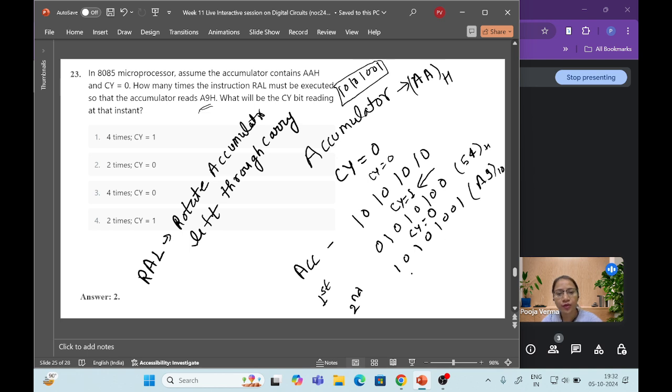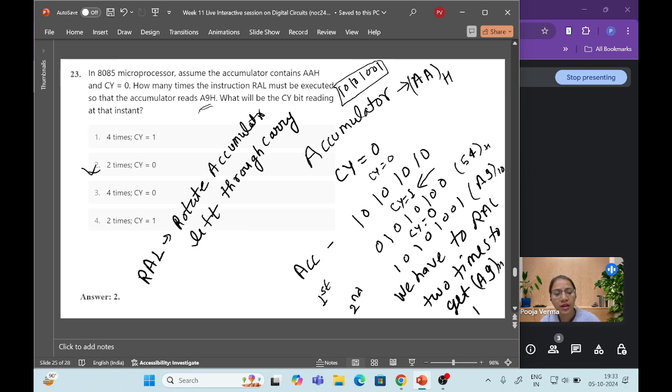So for A9 we have to execute RAL two times, and carry will be 0. We perform RAL 2 times to get A9H in the accumulator.